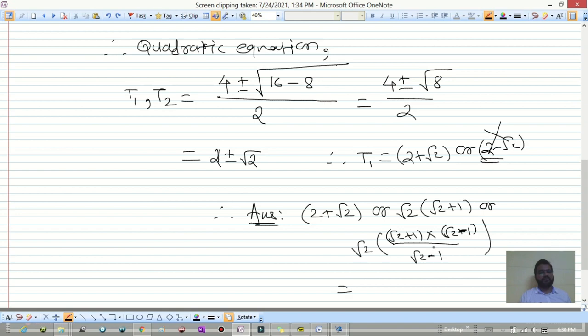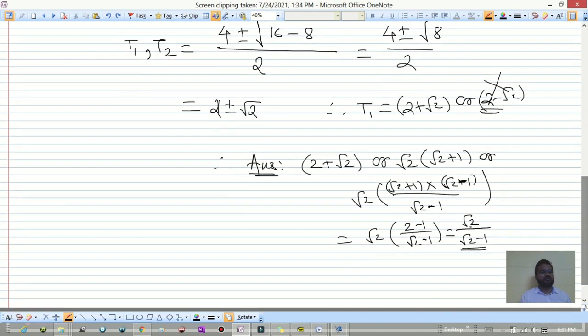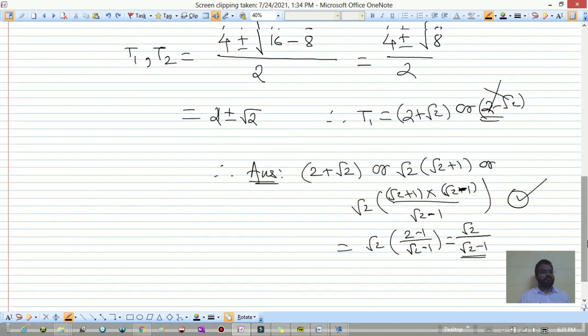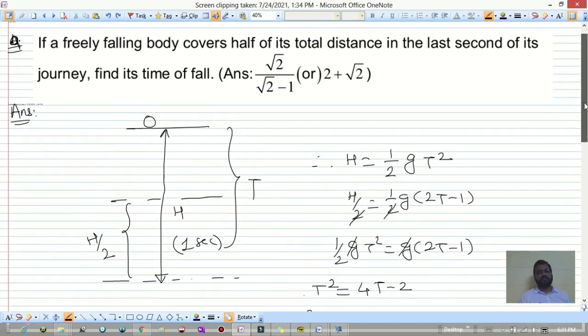And again, if you just multiply this, it is a squared minus b squared, you will get 2 minus 1 by root 2 minus 1. 2 minus 1 is 1. So root 2 divided by root 2 minus 1. So 2 plus root 2, root 2 in bracket root 2 plus 1, or root 2 divided by root 2 minus 1. So these three answers are possible answers for this given question.